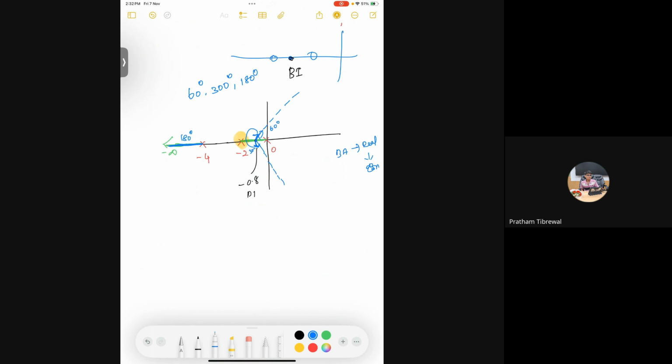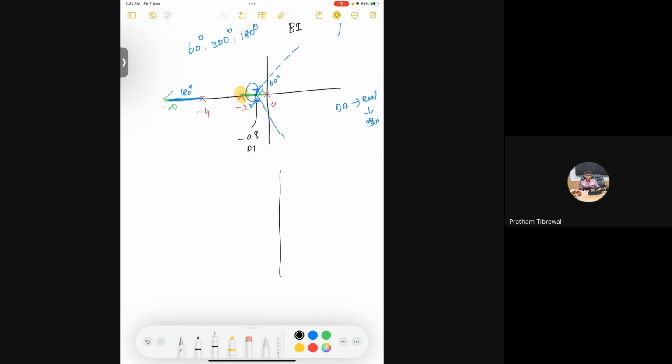If it is not clear, I will redraw it here. We have three poles, minus 2, 0, minus 4, and we found one asymptote that goes to infinity at 180 degrees. I'm choosing this pole because it is going to infinity. The next asymptote breaks at minus 0.8 and goes to infinity at 60 degree.